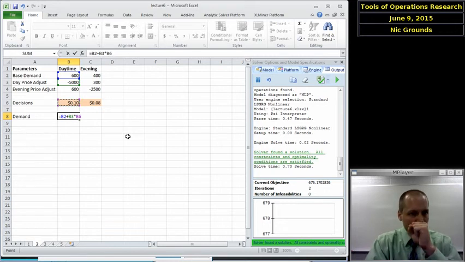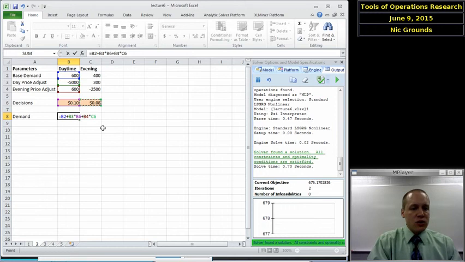Plus the adjustment for the evening price times the evening price. So again, for every dollar increase in the evening minute, the demand for daytime minutes, that is the people who will call during the daytime, goes up by 600 minutes, let's say.